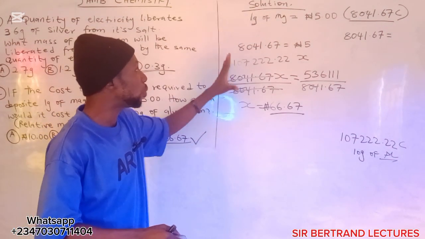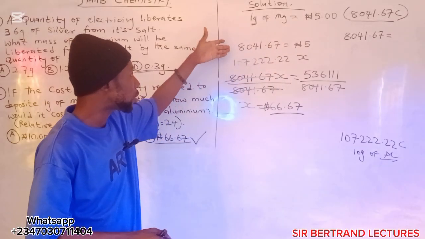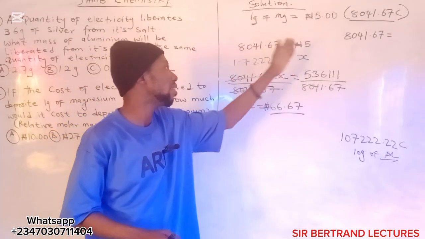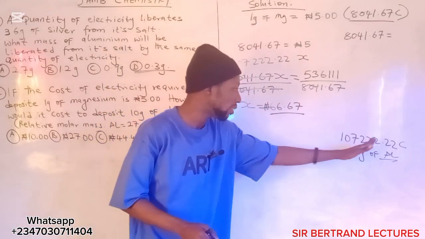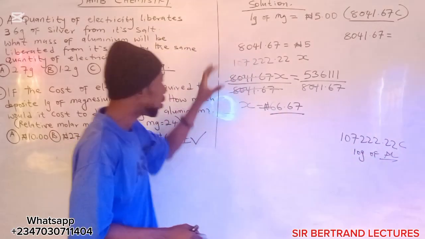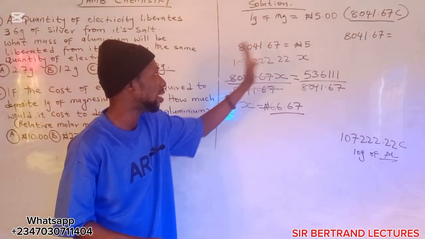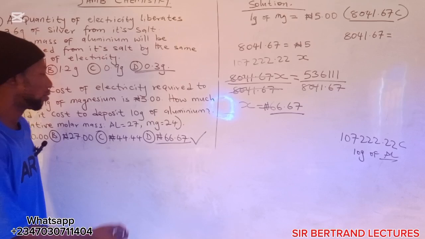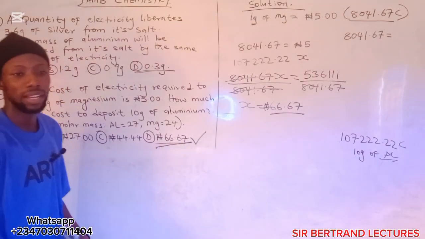We are solving with the quantity of charge. That quantity of charge for magnesium is this, and that costs 5 naira. We now relate the two together, solve for x, and the answer is 66.67. This is the answer.